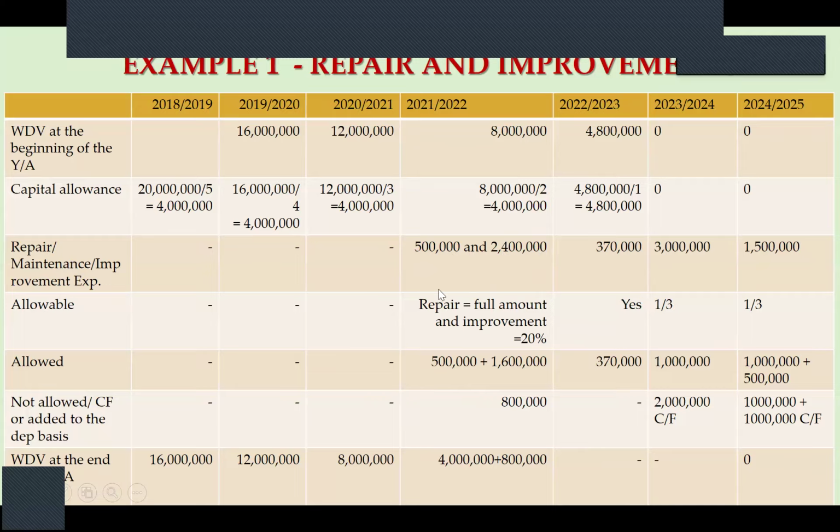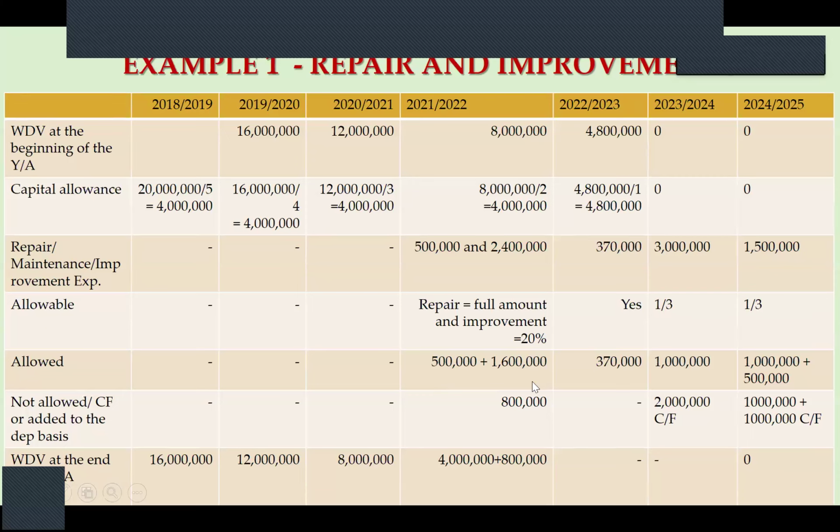So the repair amount, the full amount, can be allowed as a deduction, but the improvement value should be limited to 20%. 20% of which one? That is from 8 million. So 8 million into 20% is 1.6 million.